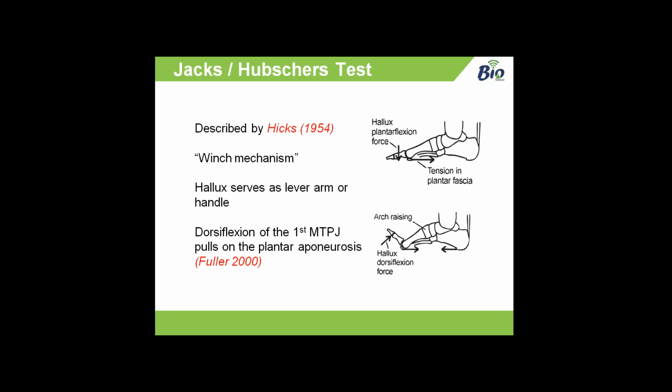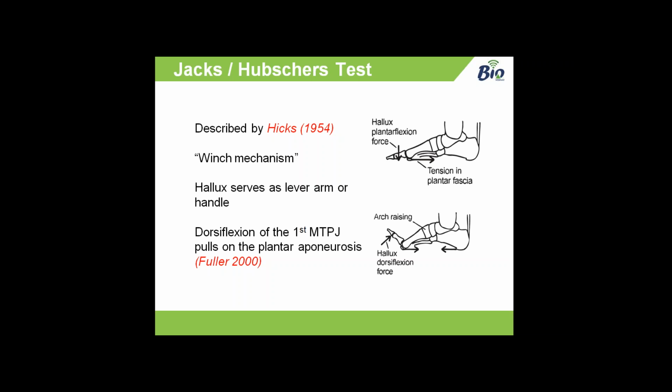Movement of the first MPJ has received a lot of attention in the literature over the years, and Howard Dananberg has written an awful lot about this, which is worth a further read. But in actual fact, this was first described by a chap called Hicks over 50 years ago, and he describes the hallux almost like a lever which engages the plantar aponeurosis like a winch mechanism, raises the arch, locks the midtarsal joint to make it rigid and stable enough to push off from, and then finally the tibia and fibula bring the knee into alignment.